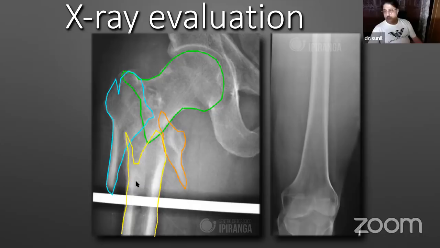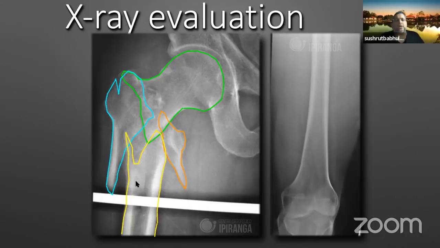Yes, Shushruth, go ahead. I think reduction is the key here. Once you reduce, my option would be an intramedullary implant, and I would put a couple of cerclage wires. One cerclage wire will wrap around this, and one more circular loop will engulf the posteromedial lesser trochanter and the tip of the lateral wall.